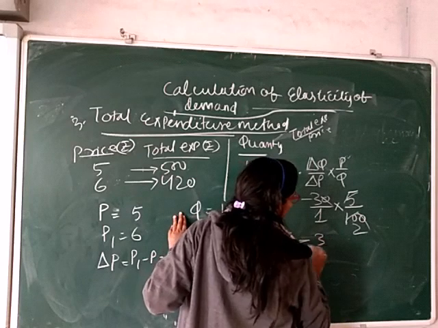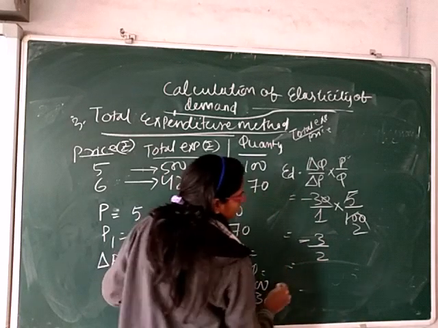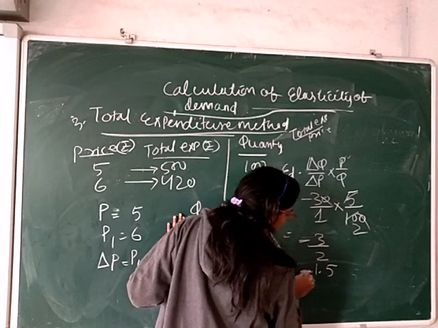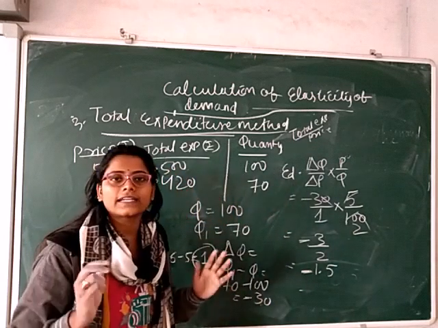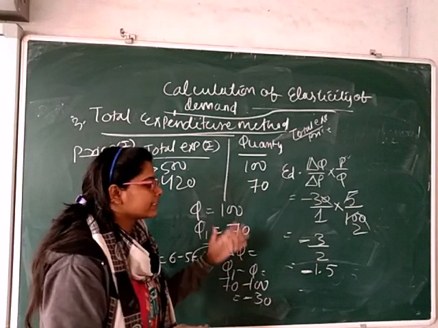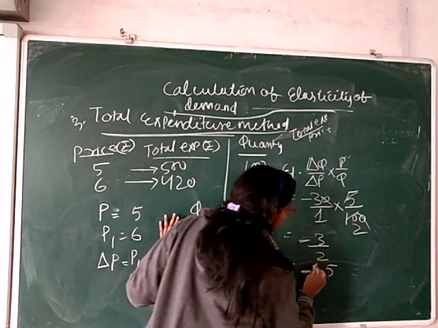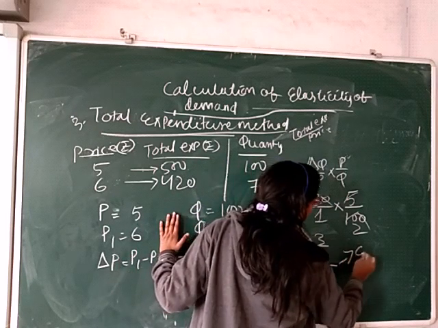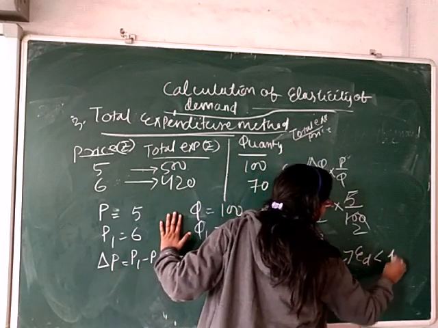This will be minus 3 by 2, that means minus 1.5. So the minus sign indicates there is an inverse relationship between price and quantity demanded of the commodity. And so we can say that the elasticity of demand is greater than 1.